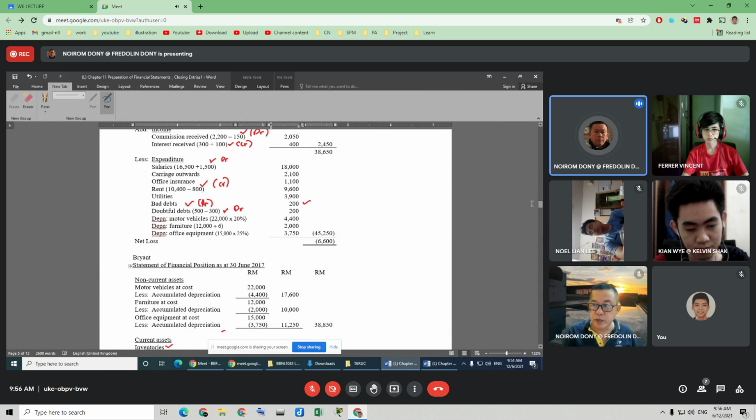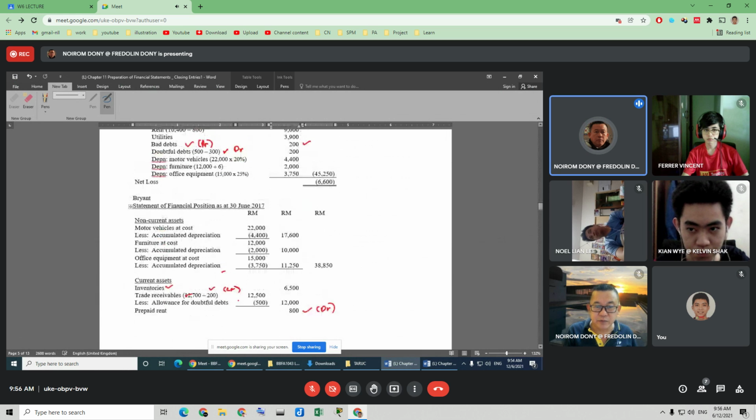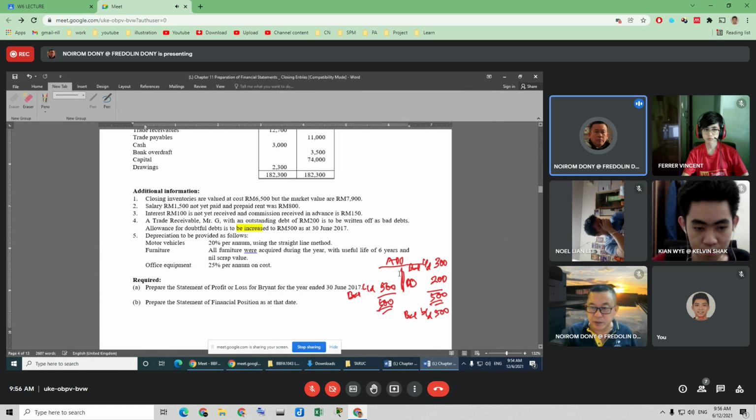And when we use the closing balance, doubtful debts, which is this one, 500, this is actually the credit entry. Okay, I have shown you this one, because we need to show this in SOFP, isn't it? So use that amount. Okay.